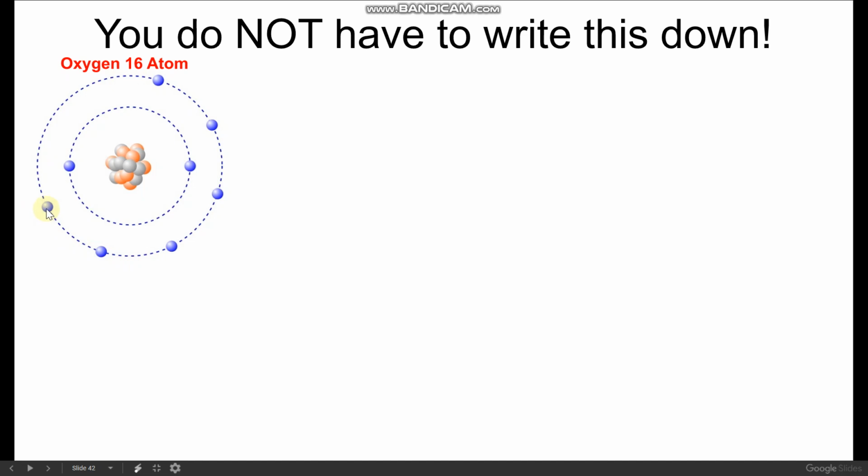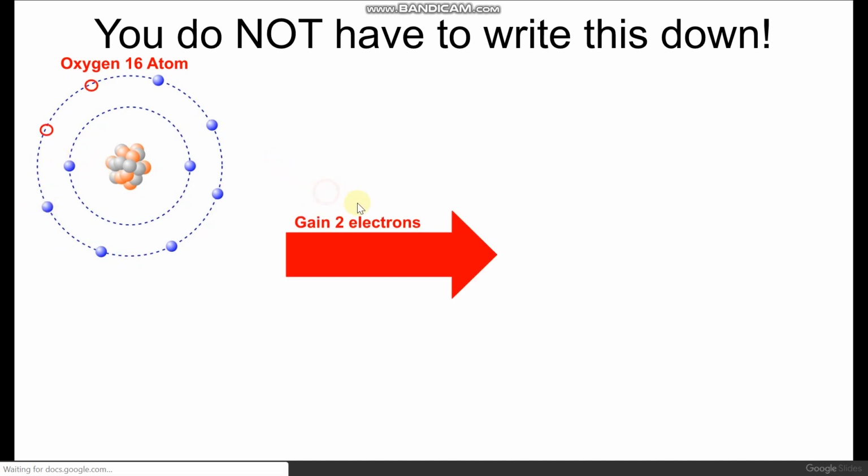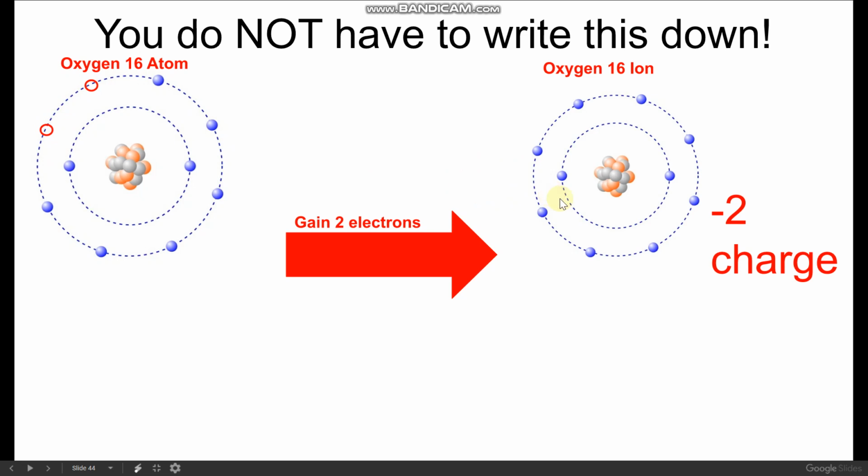Right, it wants to get up to 8 in that orbital, so it's going to gain 2 electrons, 1, 2. That's where they're going to go. And so then we can redraw the ion, 1, 2, 3, 4, 5, 6, 7, 8. And again, it's going to have a -2 charge because it gained 2 electrons, so -2.